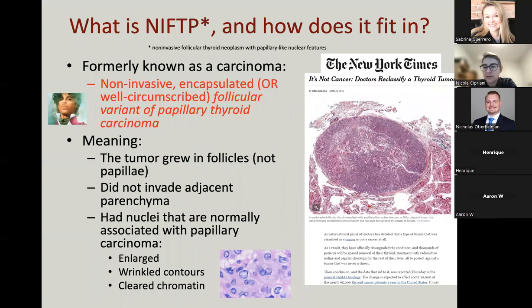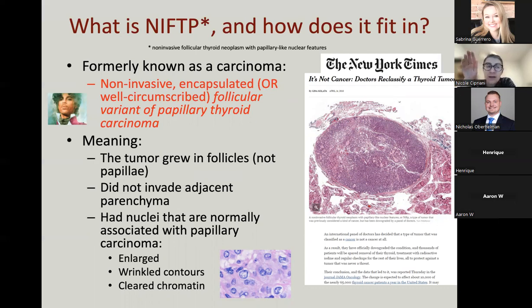It used to be called the non-invasive, encapsulated or circumscribed follicular variant of papillary thyroid carcinoma because the tumor grew in follicles, not papillae. It did not invade the adjacent parenchyma, it was circumscribed, but it had nuclei that are normally associated with papillary, like enlarged, wrinkled, cleared chromatin, etc. So because of the nuclear features, it was called papillary.